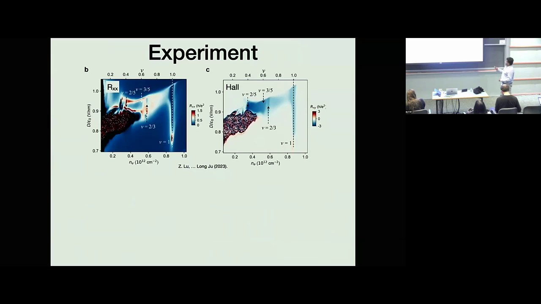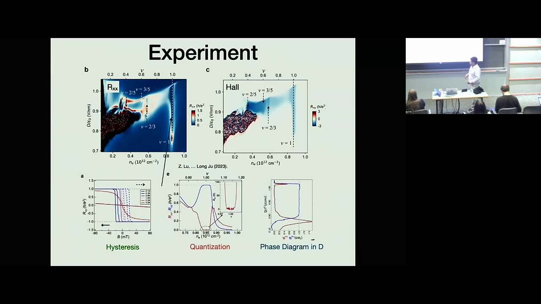Very crudely, the phase diagram is metallic on the right. It has this quantum anomalous Hall state over here, and it's got a high resistance state on the left, which you can think of as a Wigner crystal. I won't talk too much about it, but they see hysteresis, spontaneous breaking of time reversal symmetry near this ν = 1 regime. They see good quantization of R_xy and very low R_xx.